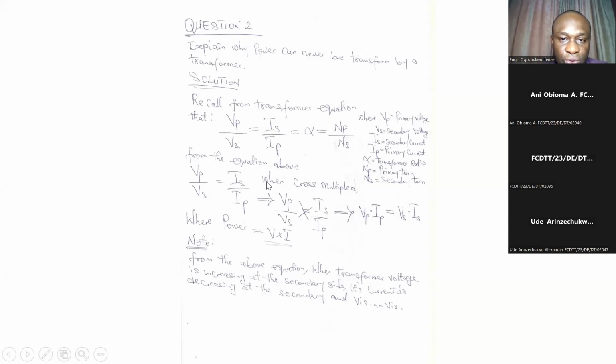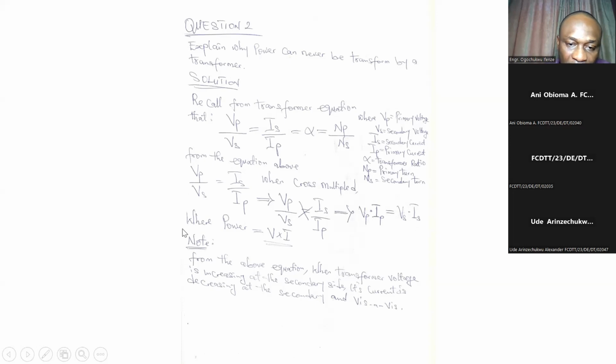So when you make VP over VS equal to IS over IP, from here, hope you are seeing my mouse. Yes, sir. I'm using this mathematical equation to explain this to you. So what it implies is that VP over VS is equal to IS over IP. When you cross multiply them, what you will have is VP times IP is equal to VS times IS.